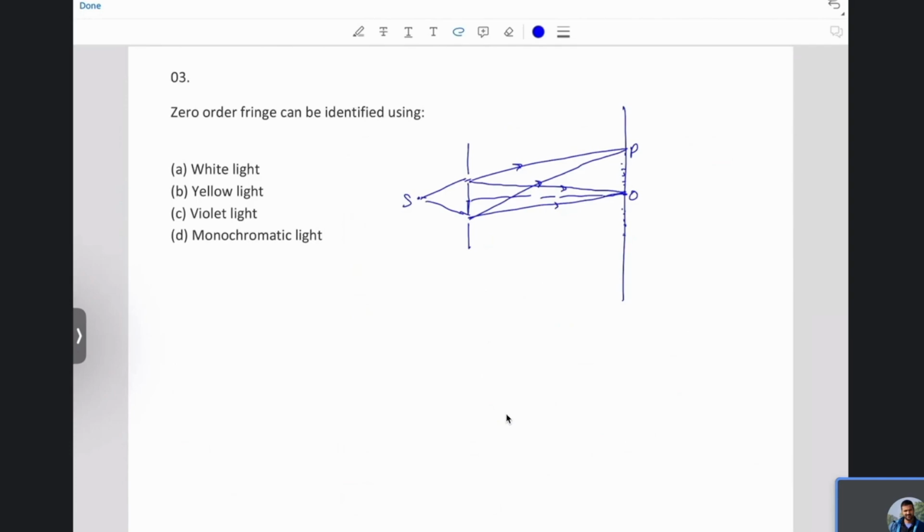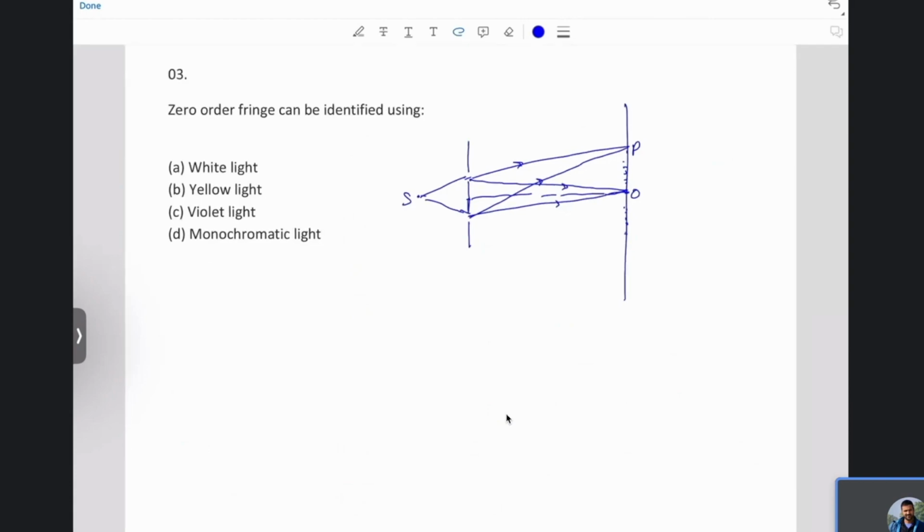Now suppose we are using a white light. White light is made up of seven different colors of the rainbow, right? So at the center, all of them will have the same path difference, so the center fringe will be bright or white in color.